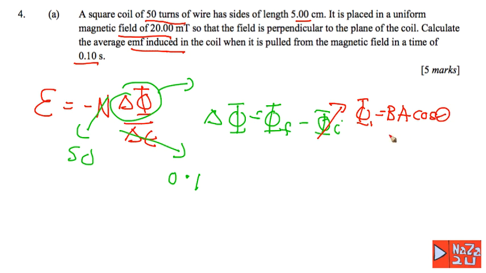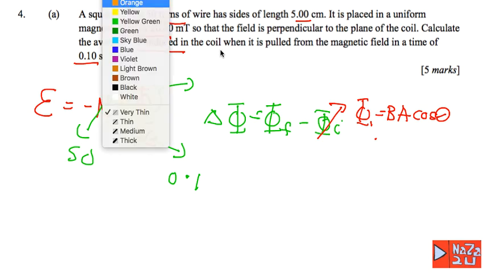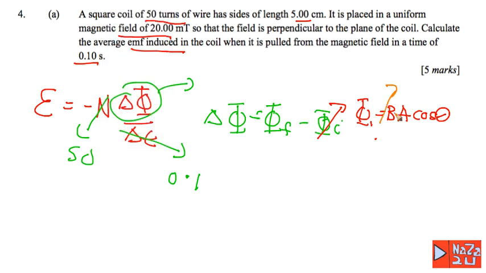The magnetic field B here is 20 millitesla, where milli is times 10 to the power of minus 3. And the area A is 0.05 squared.